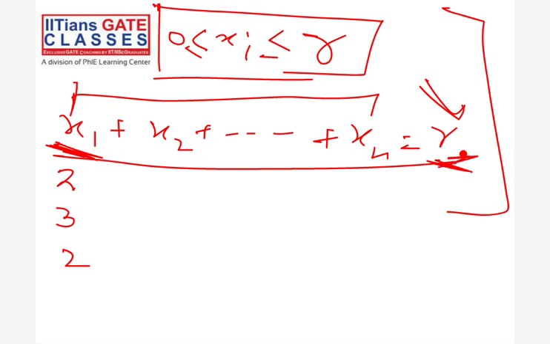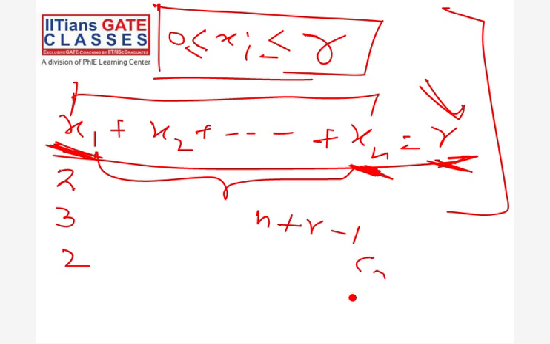Basically we want the summation to be r, and this n indicates how many different types of things we have. And if you want to find the number of ways in which you can make the summation equal to r, then that is equal to n plus r minus 1 C r. So this is the template.